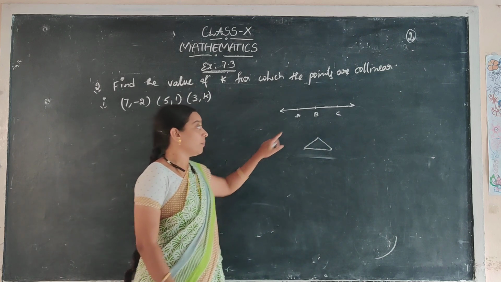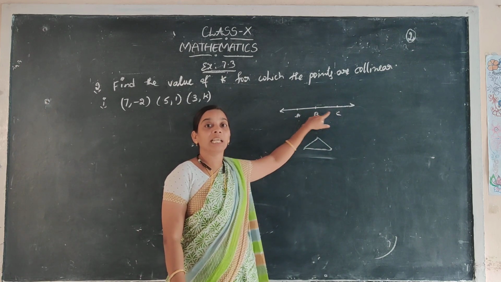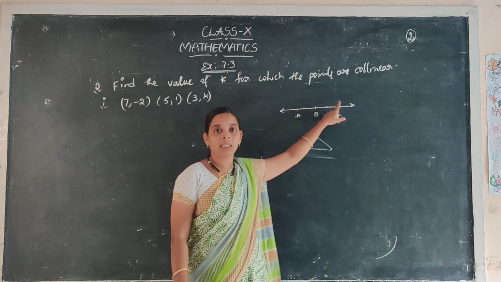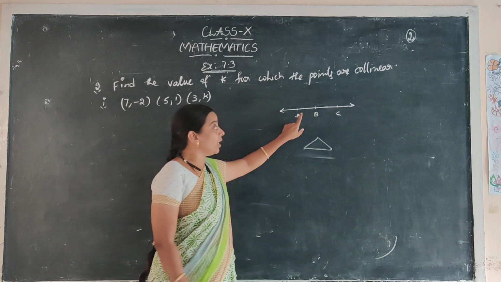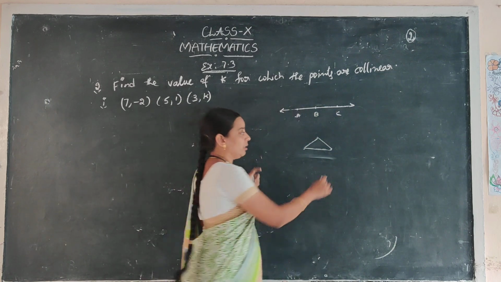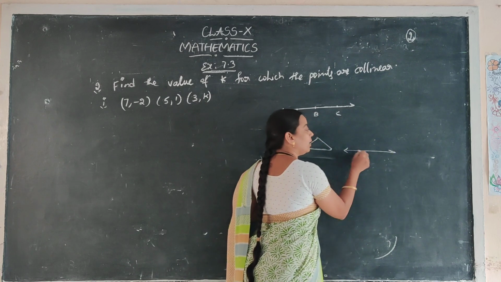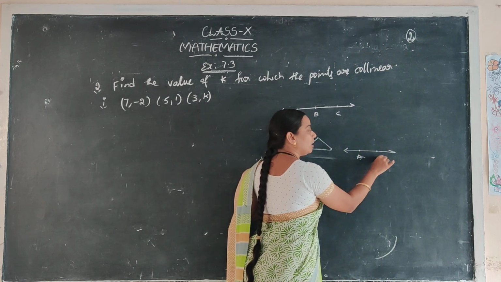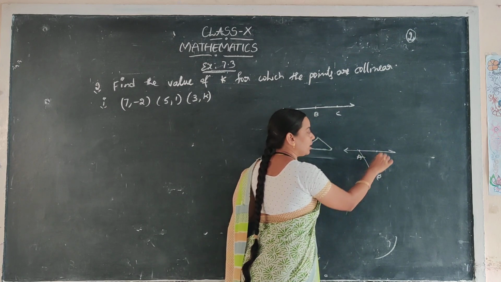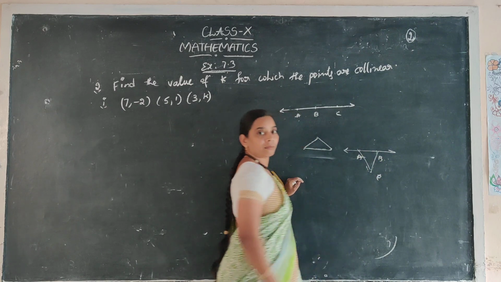Are you understanding? If any one point of those 3 is not on the line, say 2 points are on the line and 1 point is not, then by joining these 3 you will get a triangle.